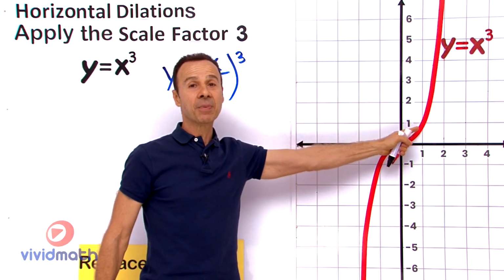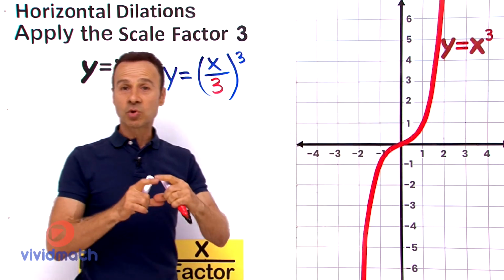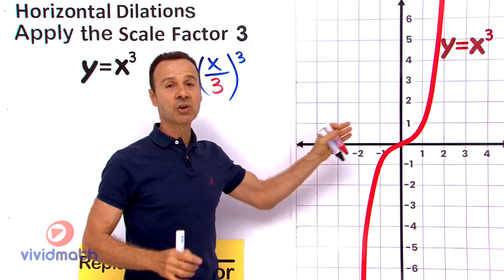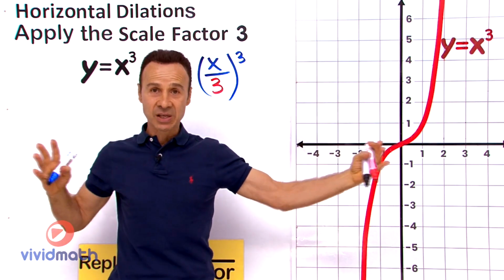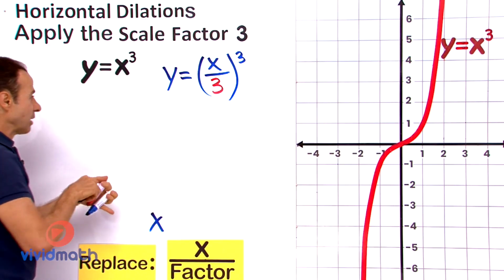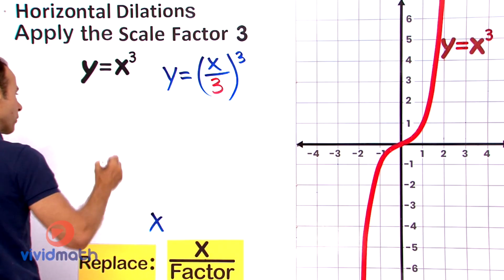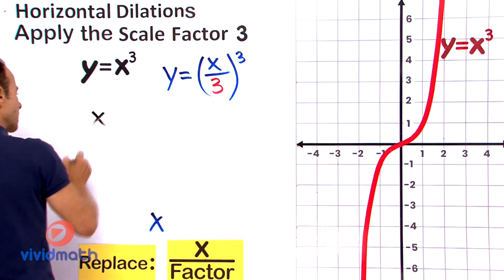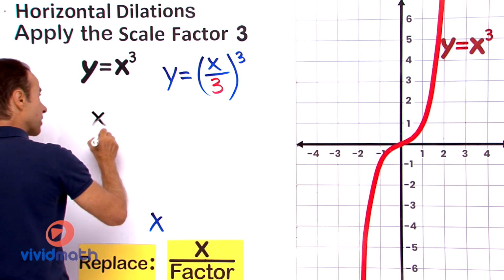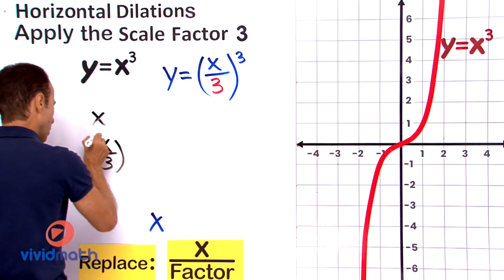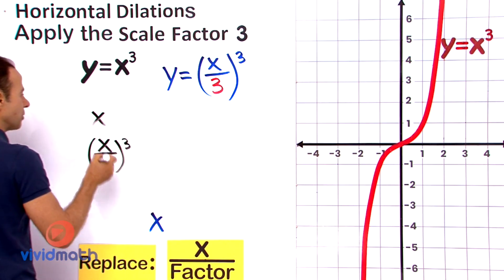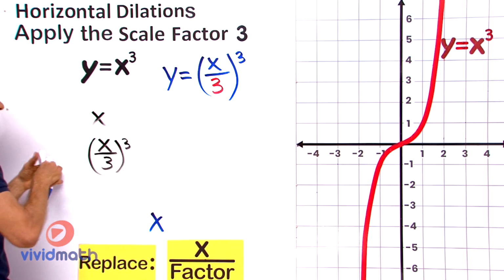Now we're going to draw it up there. One of the best ways is to draw a table of values so we can take a closer look at how much more it's been stretched horizontally. So I'm going to put the table of values here. The values we're going to have are the x values, and the x over 3 all cubed values.